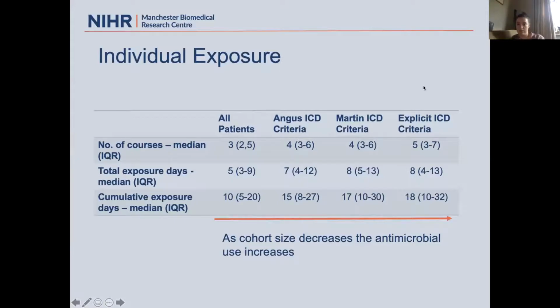So the patients with an explicit code for sepsis received more antimicrobials, and also were exposed on more days, which, if they had higher levels of organ dysfunction, would make sense if they're suffering from more severe disease.